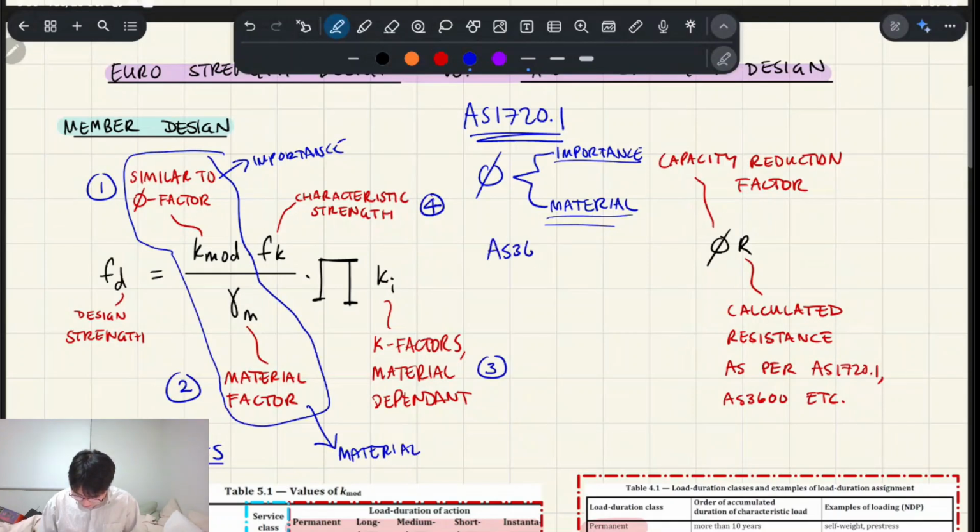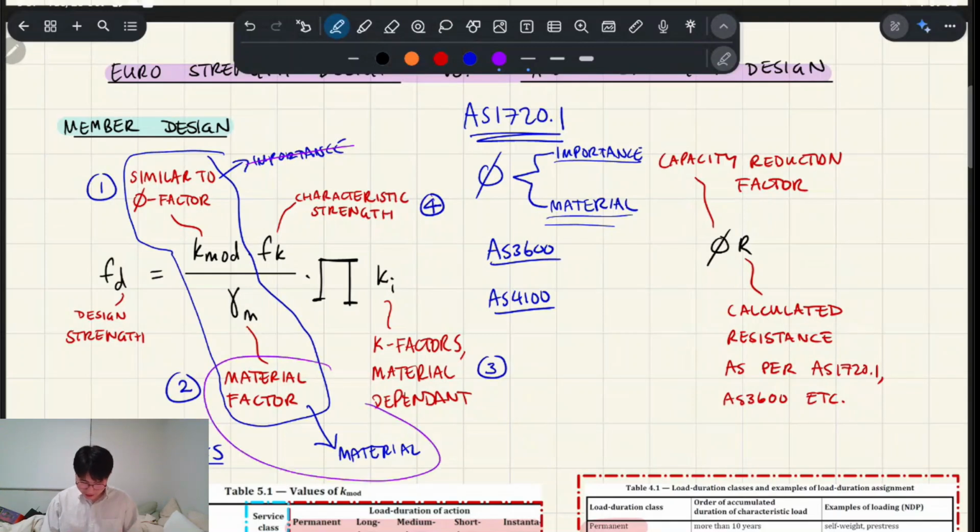In AS 3600, in steels, so steel and concrete codes, importance level is not really captured. It's more material and action instead. It's a bit weird.